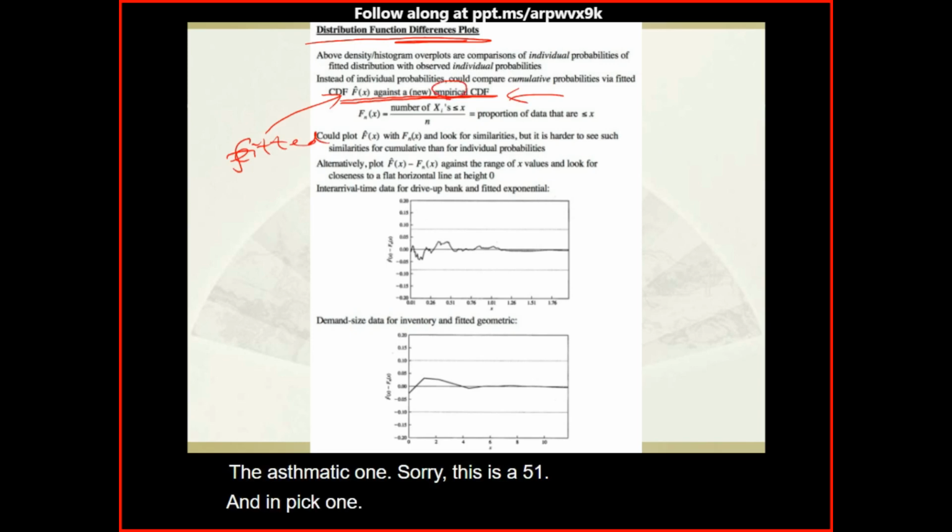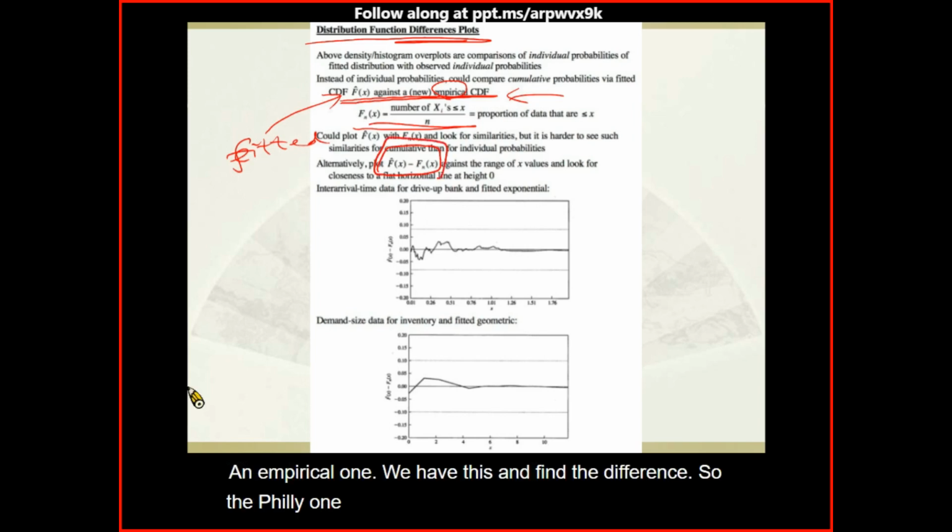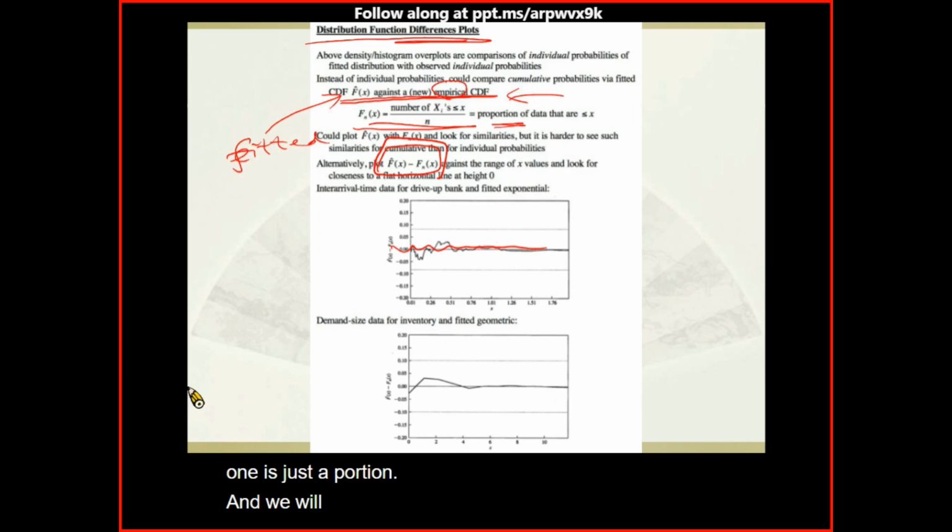And then find the difference. For the fitted one, you select a standard distribution, and this one is just a portion. And we will see whether the difference is still acceptable.